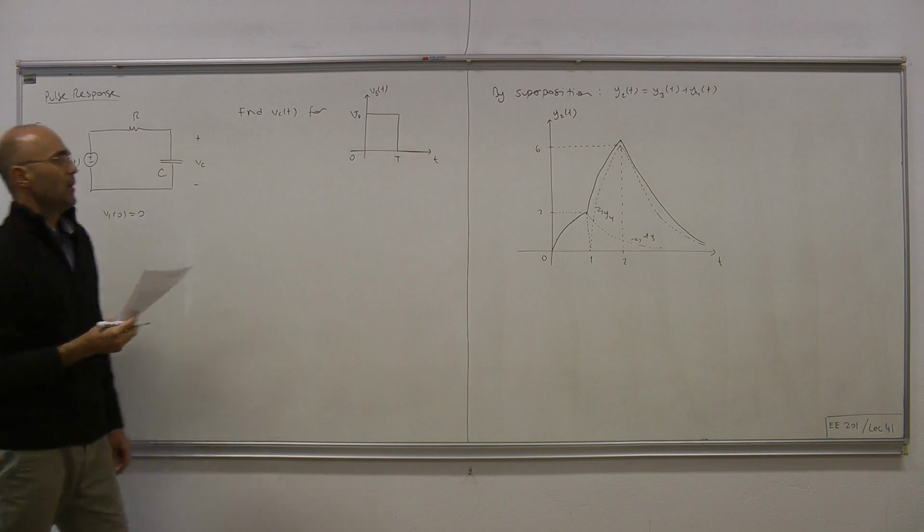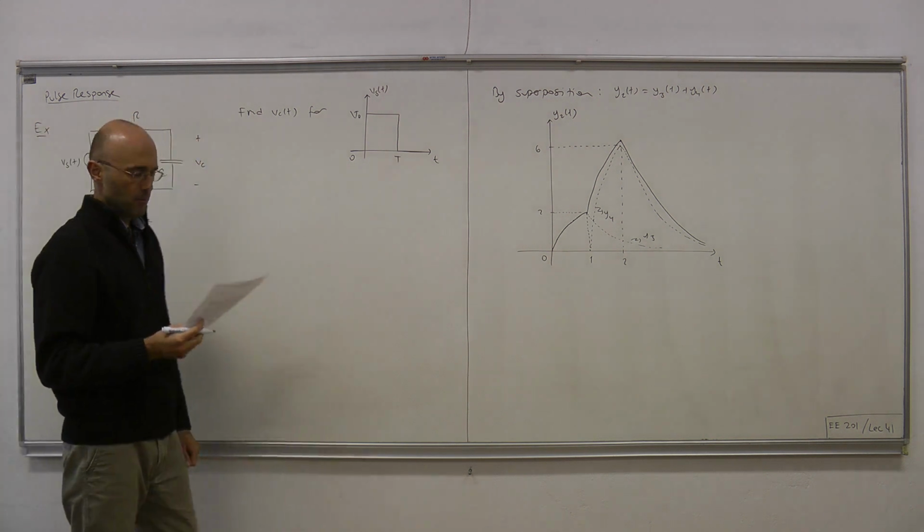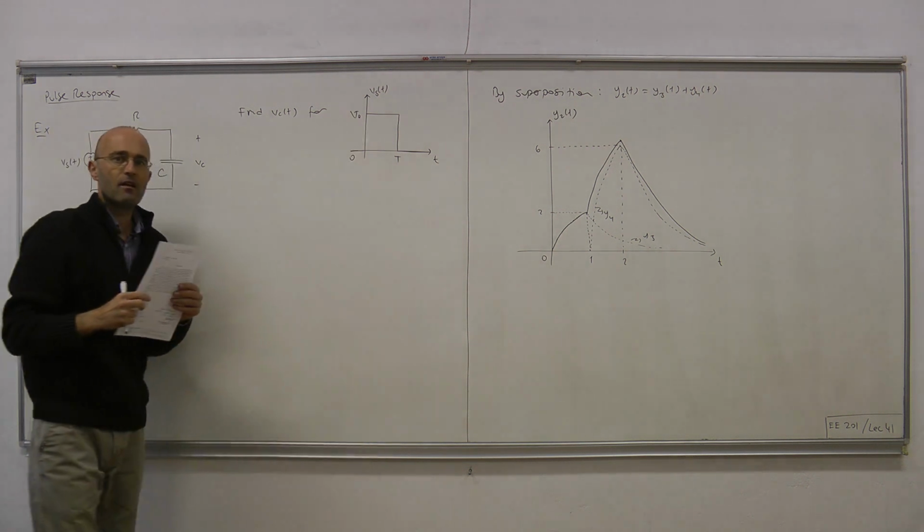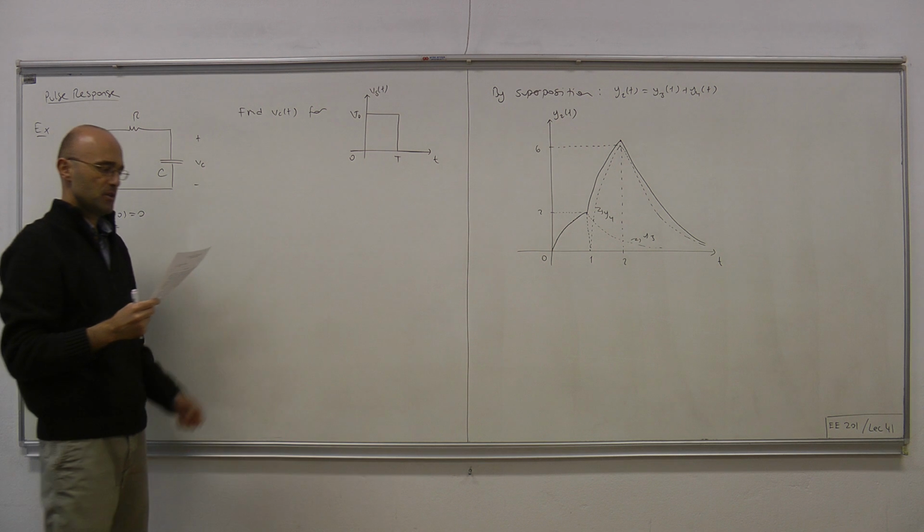Okay. Now, we already know the step response, and we can write Vs of t as a sum of 2 steps.